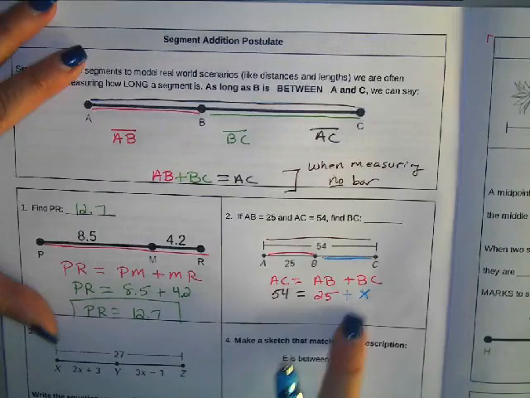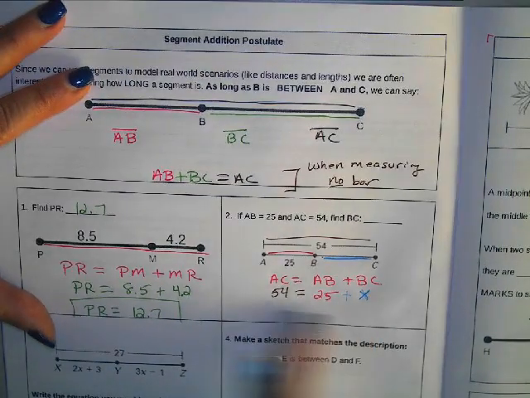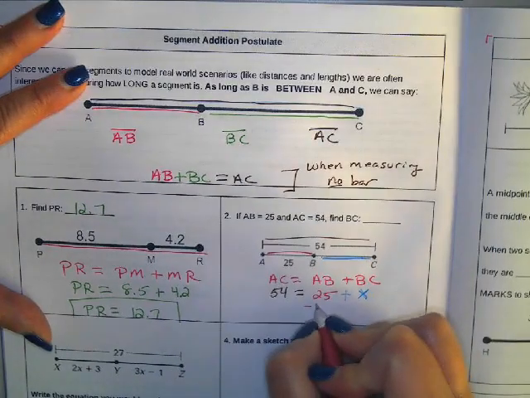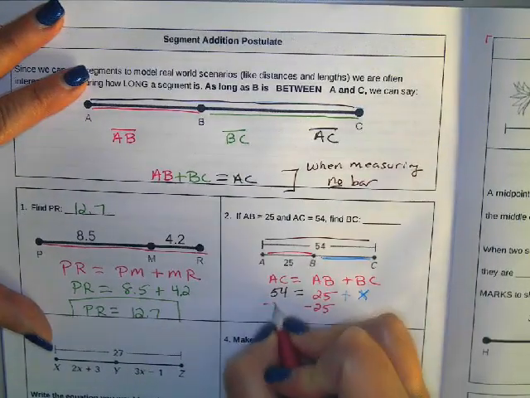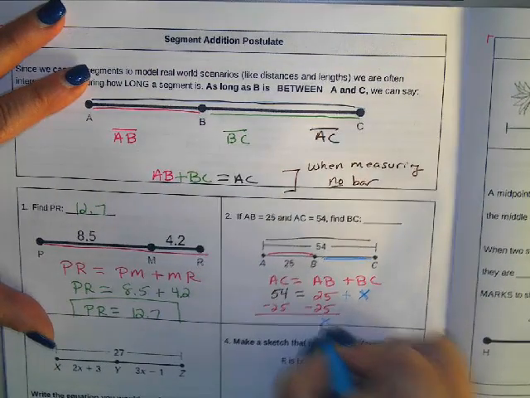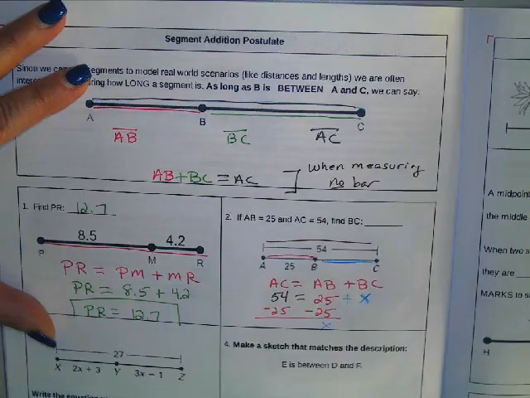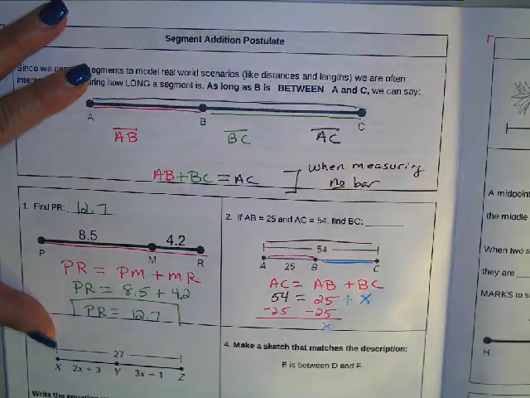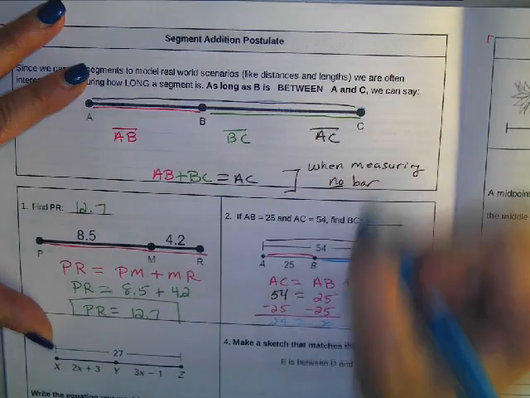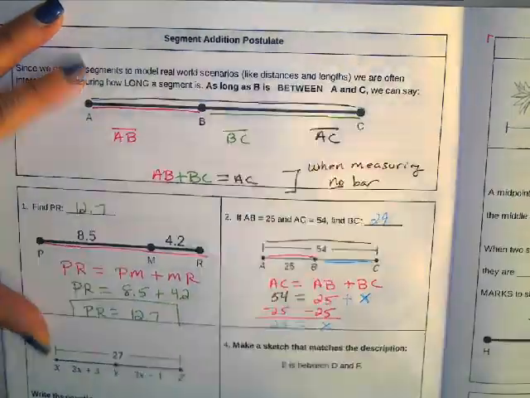So now in order to find X, I have to solve this equation, and the way I'm going to solve it is I'm going to subtract 25 from both sides. And there's my answer. X, which is now my BC, equals 54 minus 25, which is 29. So the length of BC is 29.